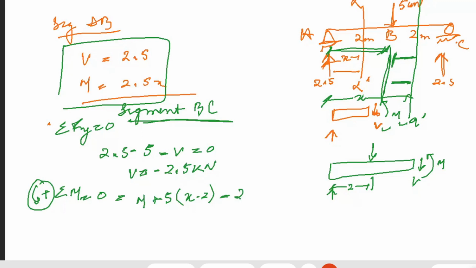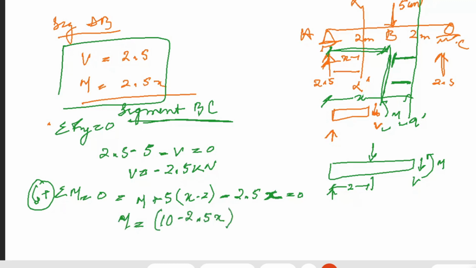Minus 2.5, the reaction at this point, into x is equal to 0. Is it clear? The moment equation? So calculating it, this will be your equation for moment: M will be 10 minus 2.5x.